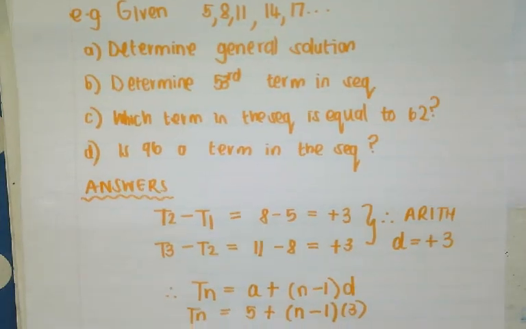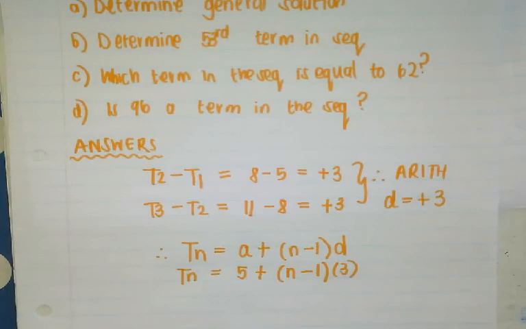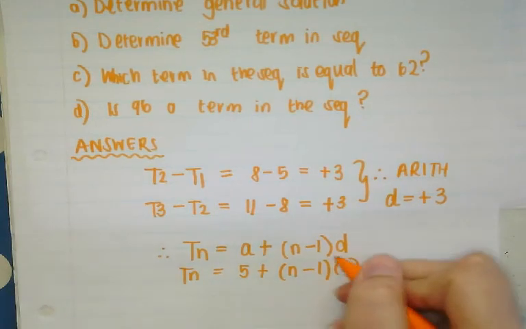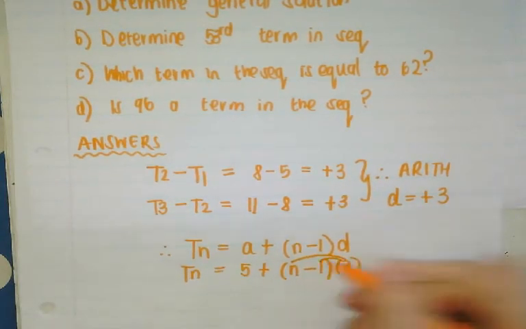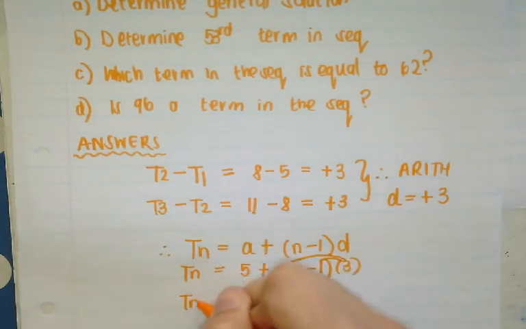Okay, I just need to take that out of the way for a bit. But I cannot leave it that way. I need to give the most simplified form of an equation, which means I'm going to multiply out those brackets: 3 times n and 3 times negative 1.